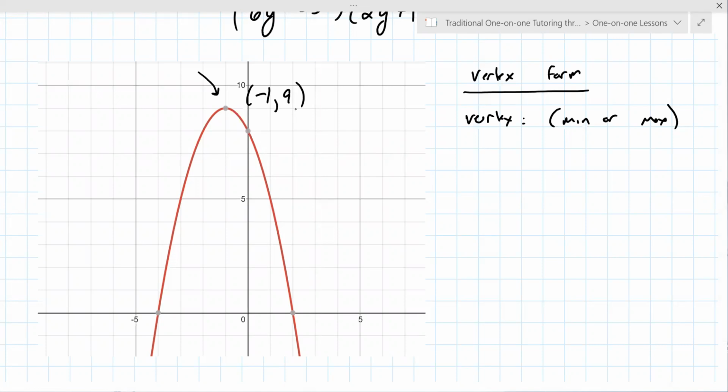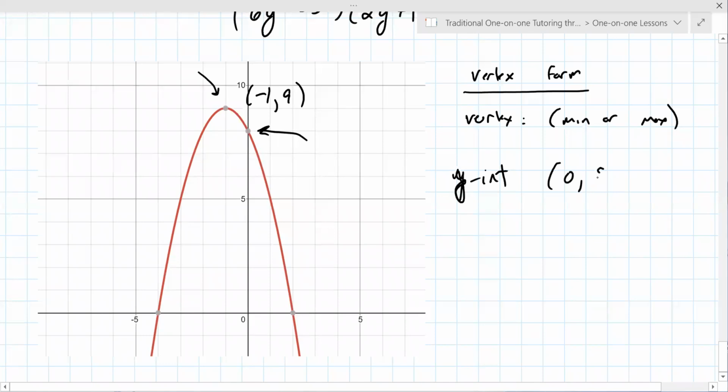The next one is the y-intercept. So where does it cross? It crosses at 0, 8. And then the next ones are the x-intercepts.